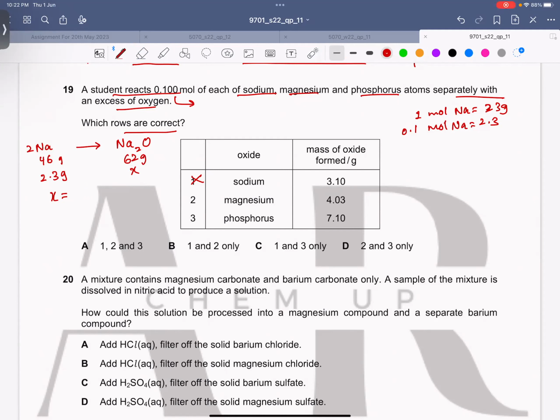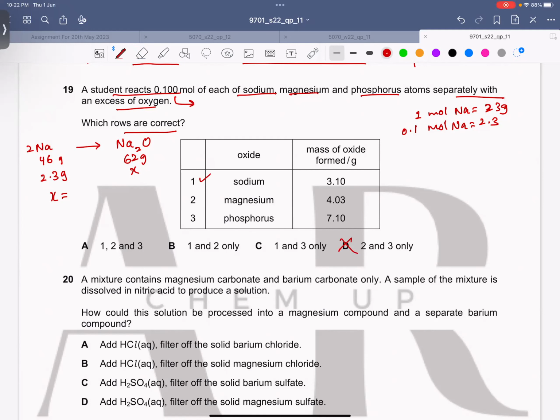Now calculate what answer you are getting. 3.1, okay. If I'm getting 3.1, and it is the correct answer, then my D option is wrong.